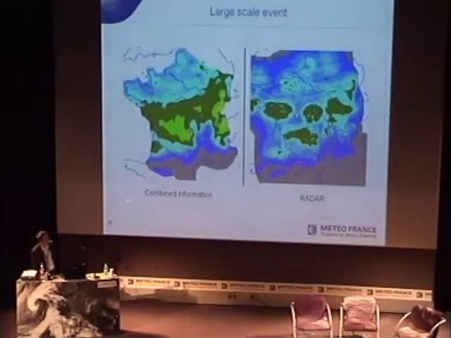We can see that the radar totally underestimates the amount of precipitation here, whereas there is some precipitation in this area. So this way to combine the two pieces of information is a really powerful way to deal with limits of observing systems and to have a more cost-effective system than a system based only on one piece of equipment.